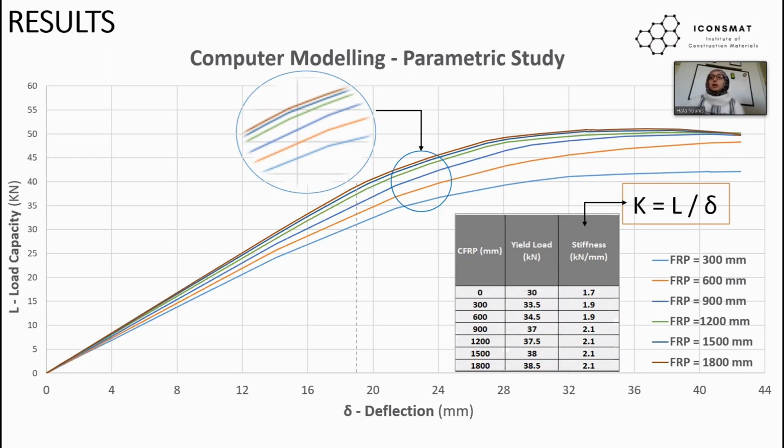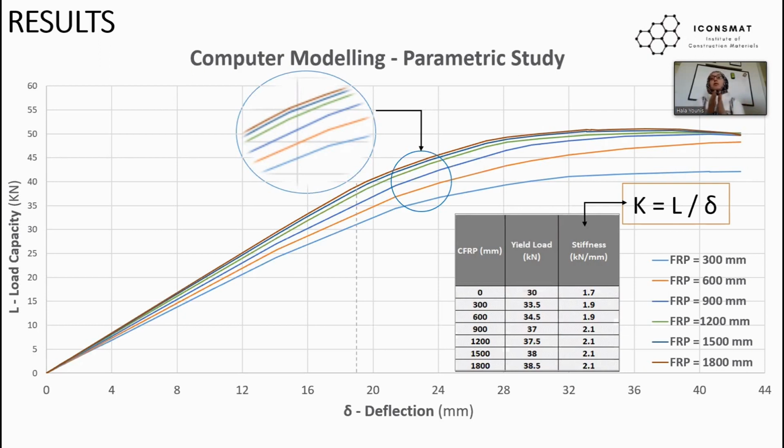Also, what I investigated is the stiffness of the beam of each reinforced member. The stiffness for each member was estimated as shown here in this table, and the result is summarized here. From the table, it can be seen that the stiffness has also increased with increasing the length of fiber reinforcement polymer. And again, after reaching a particular length of fiber, there is no improvement noticed.